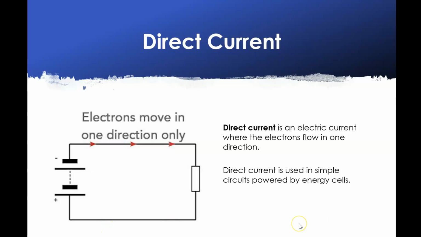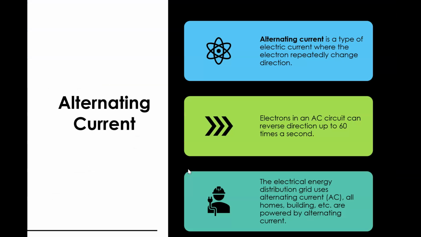So direct current is used in very simple circuits that are powered by energy cells or batteries. Direct current is used for very simple electrical gadgets like a flashlight or a watch. Anything that uses cells or batteries uses direct current, with electrons moving in only one direction.